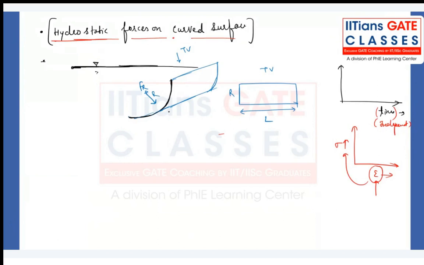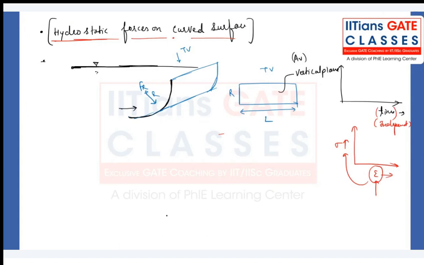That is a projected area in the vertical plane. When you see from here, that is the area in the vertical plane. So that is my vertical area AV. Getting my point? That is my vertical area.